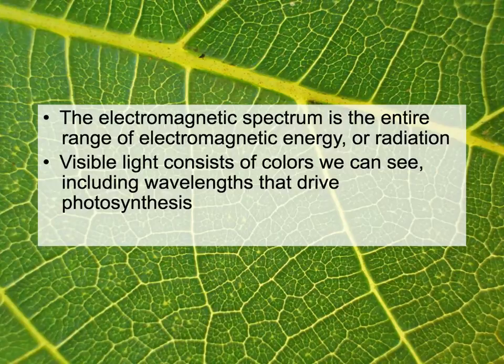A couple of things to remember about this. As your frequency increases, your wavelength decreases. As your frequency increases, so does your photon energy. So gamma and cosmic rays have the highest level of energy. Your ultraviolet and your purples and blues have a higher energy level than, let's say, your reds on the visible spectrum.